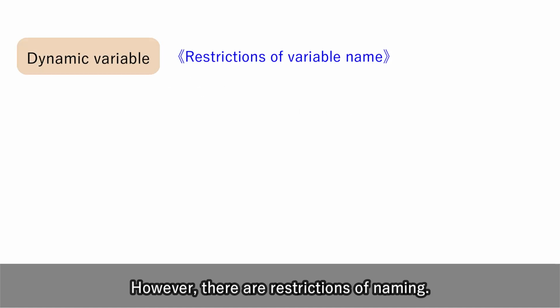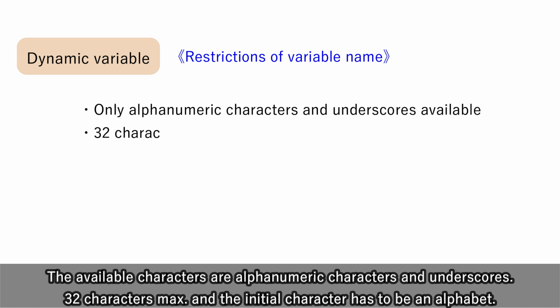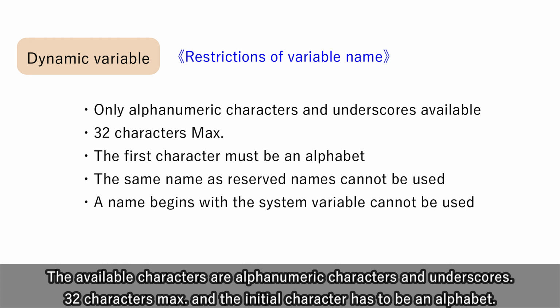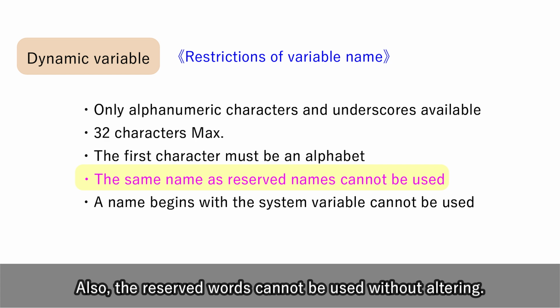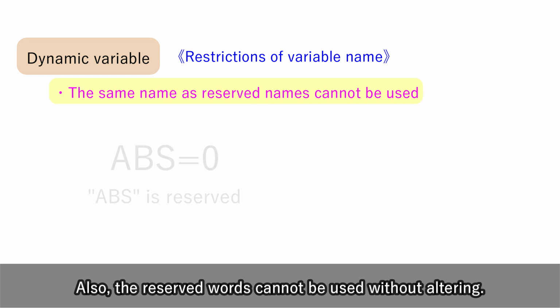However, there are restrictions on naming. The available characters are alphanumeric characters and underscores, 32 characters maximum, and the initial character has to be an alphabet. Also, the reserved words cannot be used without altering.